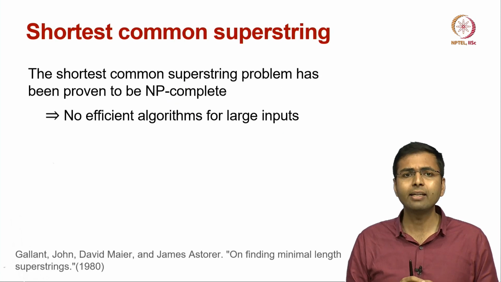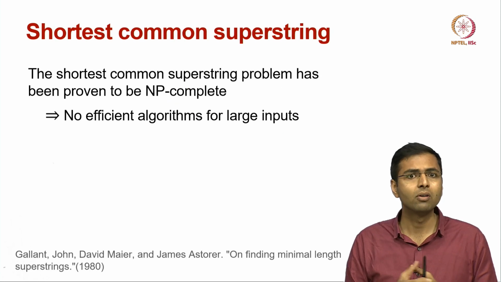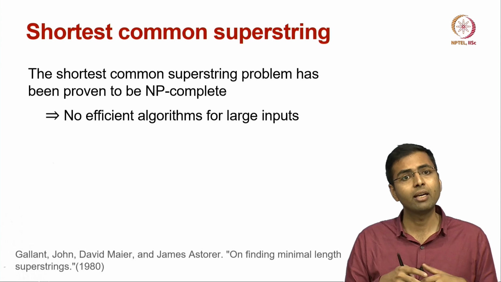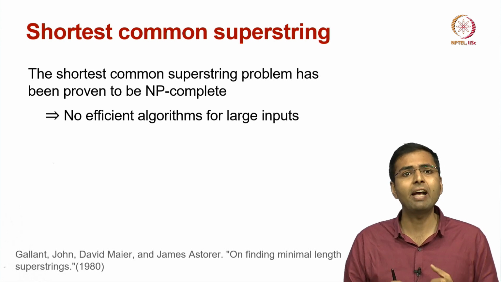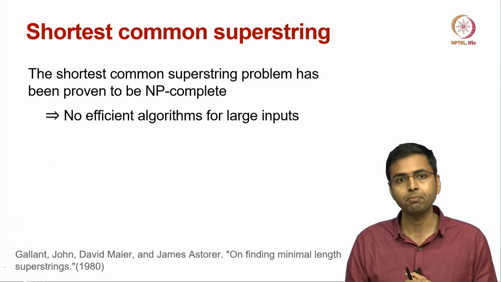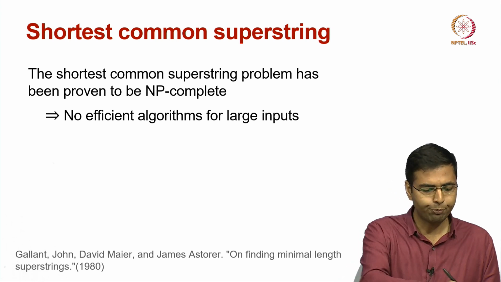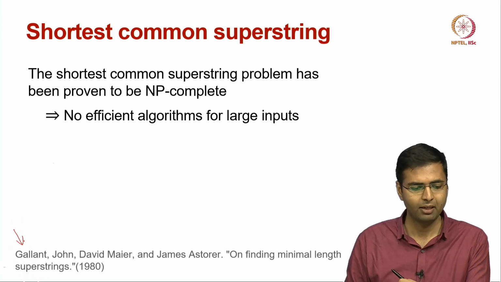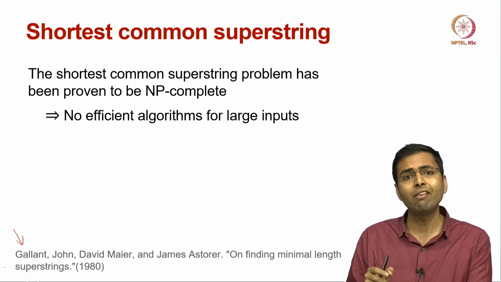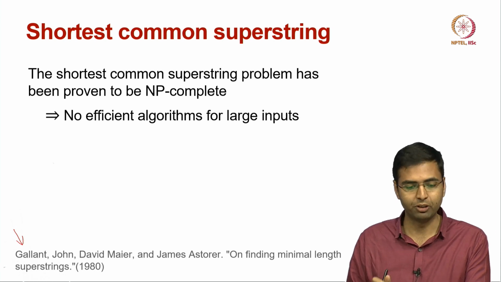But it turns out that the answer is no, because in different results the shortest common superstring problem itself has been proven to be NP complete, and that proof comes from the paper referenced below. That is, we do not have efficient algorithms for large inputs.